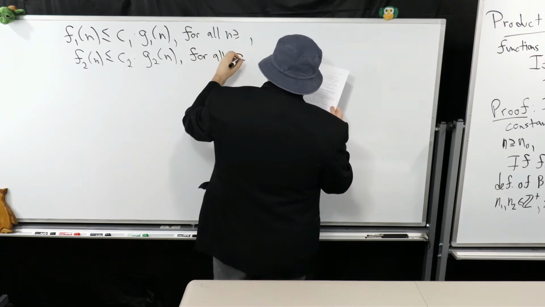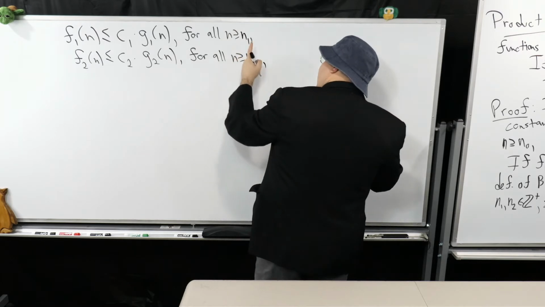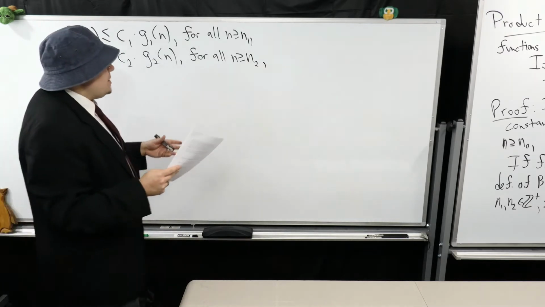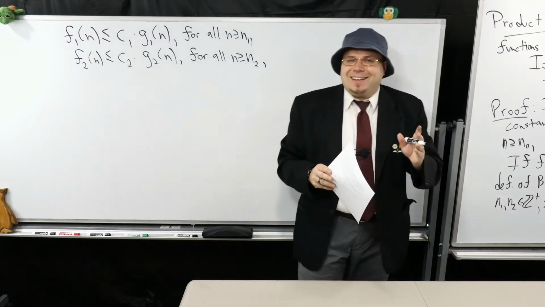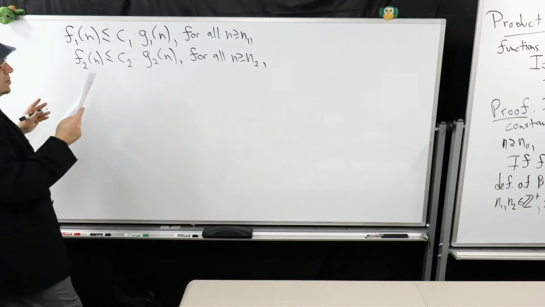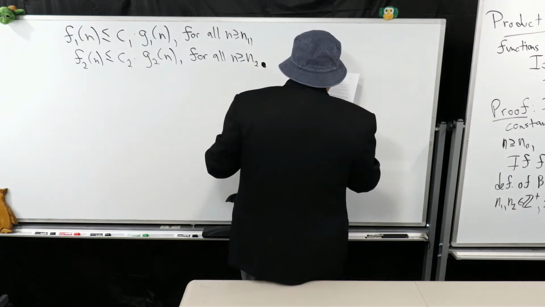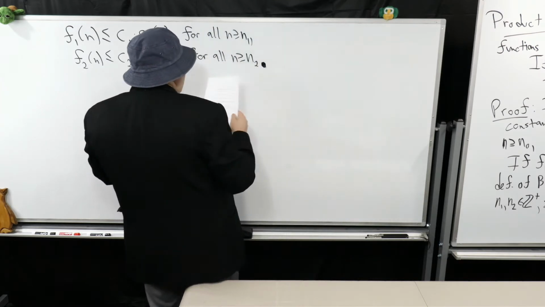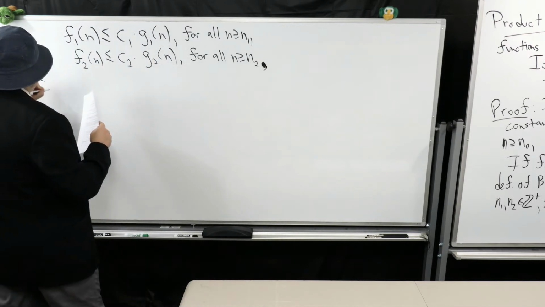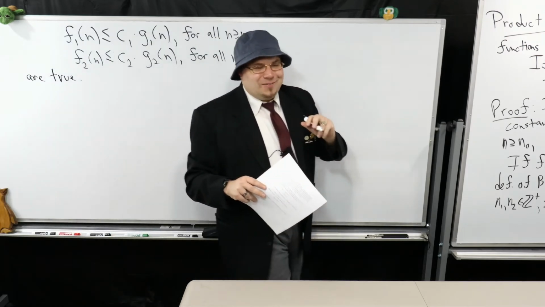No, it's N2. Got to be very careful. It's N1 and N2, like this. Why? Because that's from the definition of big O. We need to make sure we're invoking the definition correctly. So these are the two facts I have at my disposal, such that both of these are true. See, it's way more fun.